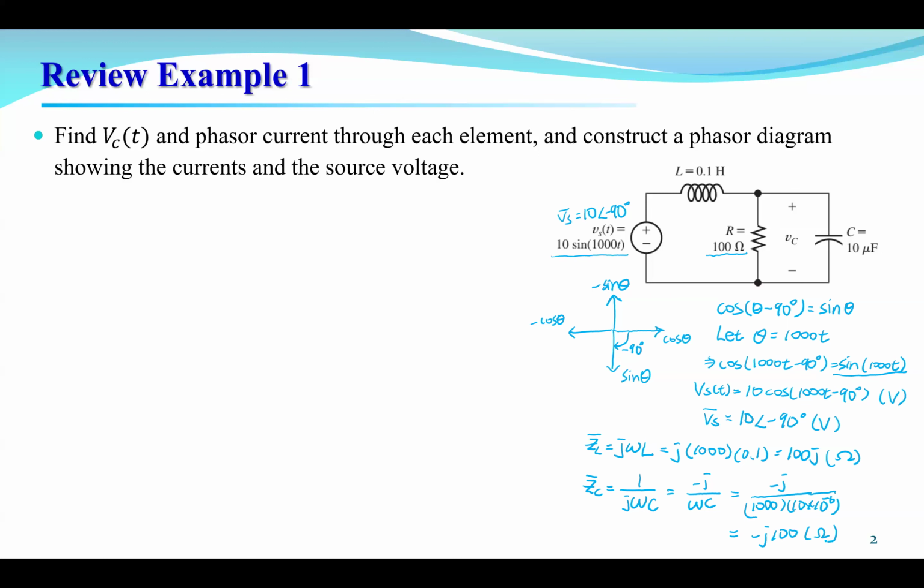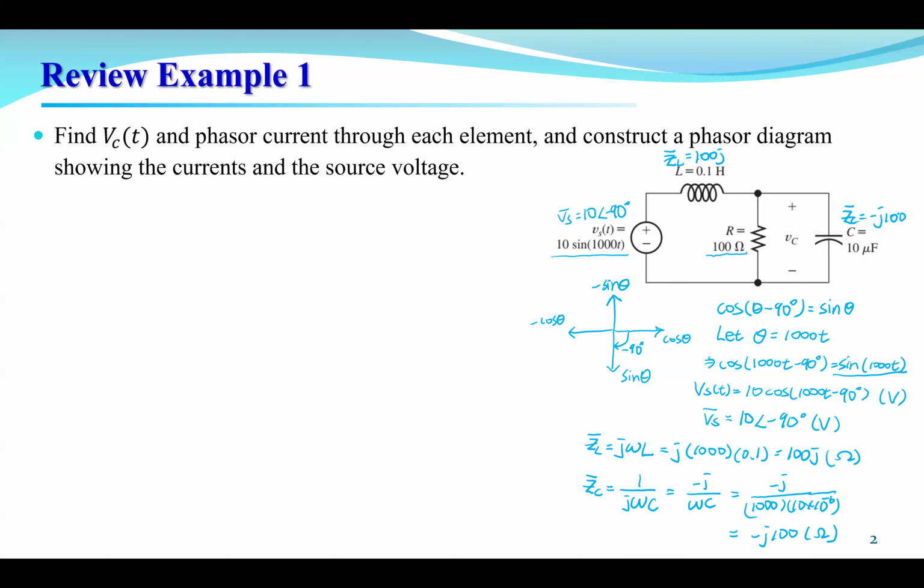The unit is ohm. So we're able to convert, we just write it here. ZL is 100j and ZC is minus j 100.